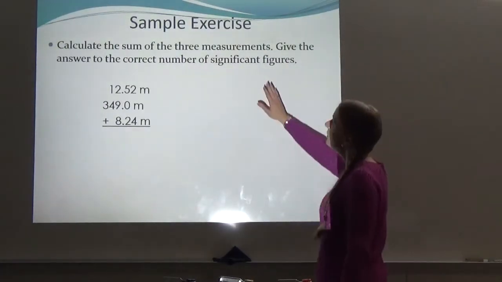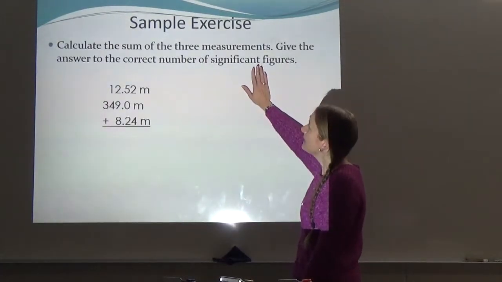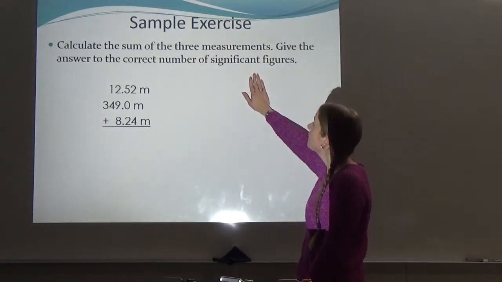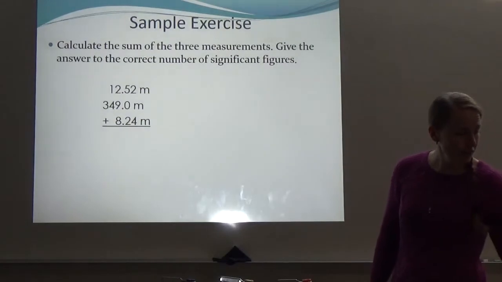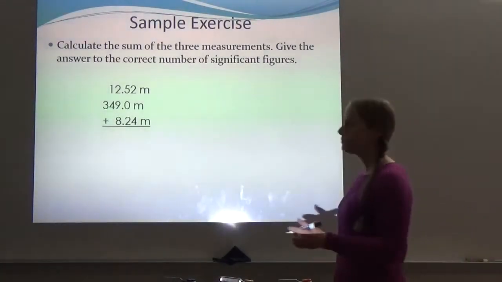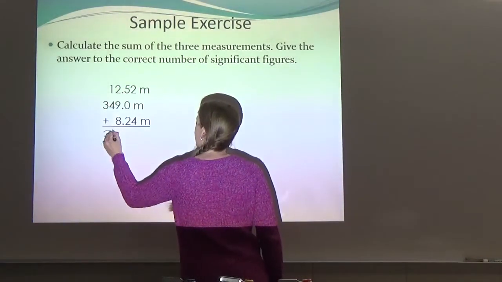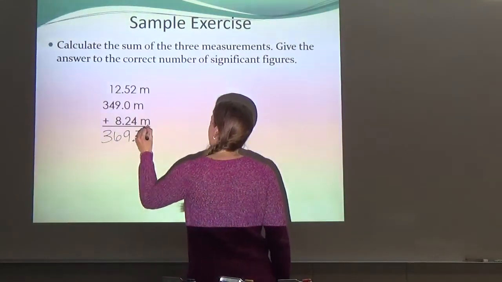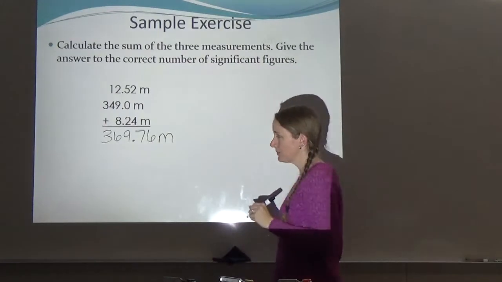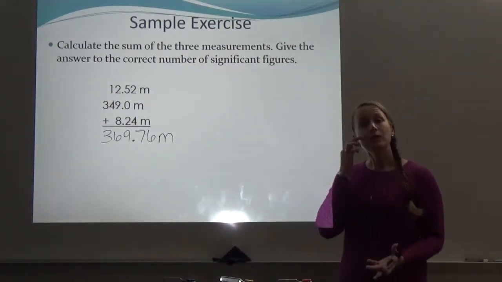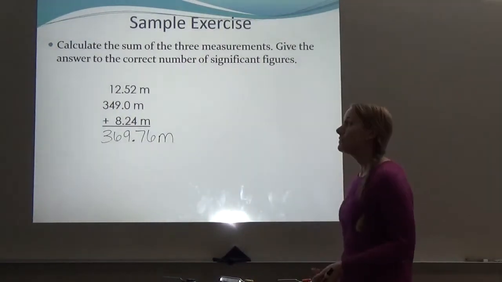Alright, so it says calculate the sum of the three measurements, give the answer to the correct amount of significant figures. So when you type this into your calculator, you're going to get 369.76. And then of course meters plus meters plus meters is meters. So when we're adding and subtracting, we look at the amount of decimal places.